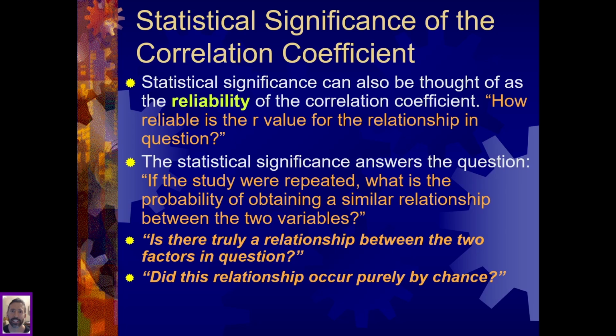Is there truly a relationship between these two factors, or did this relationship purely occur by chance? Was this a chance occurrence, or does a relationship truly exist between these two factors?